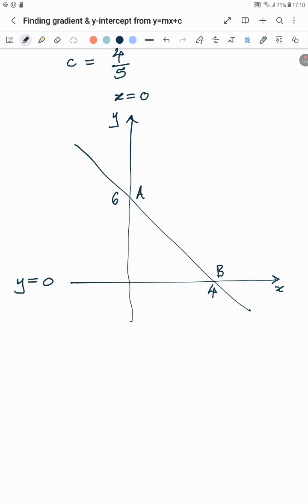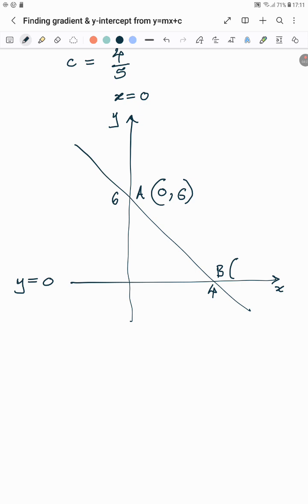So we are saying the coordinates of A is 0, 6, because we said the x coordinate along the y-axis will always be 0, right? And the y coordinate along the x-axis will always be 0.